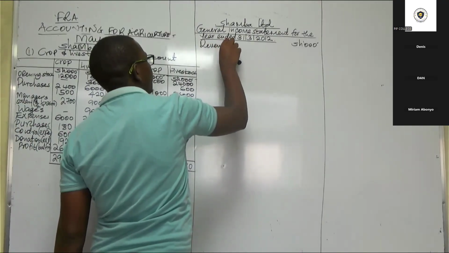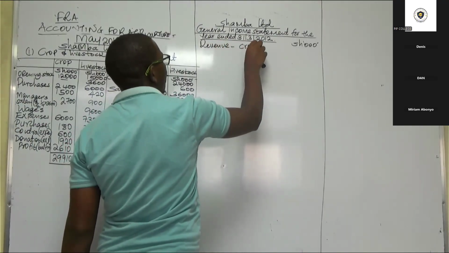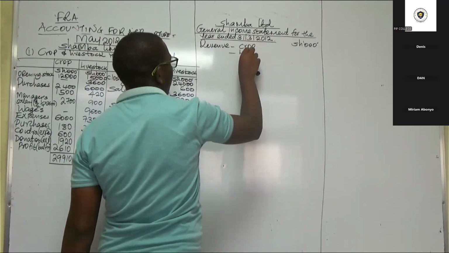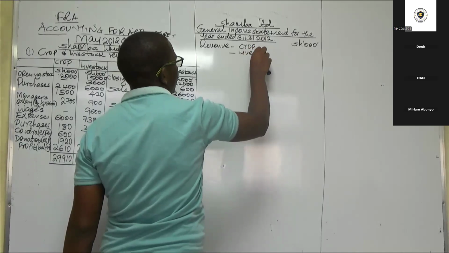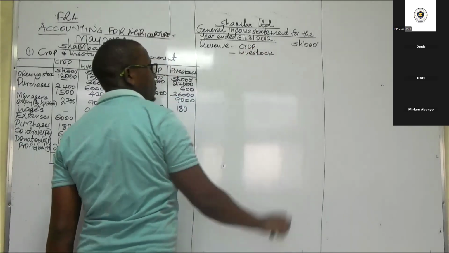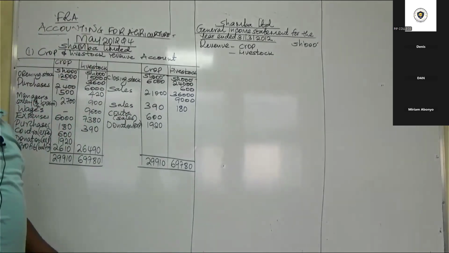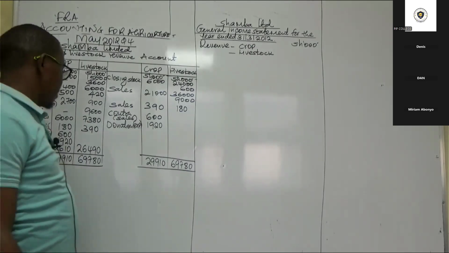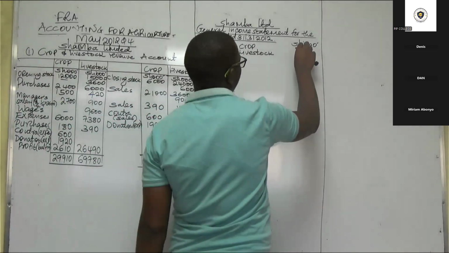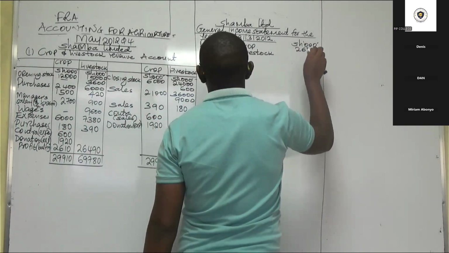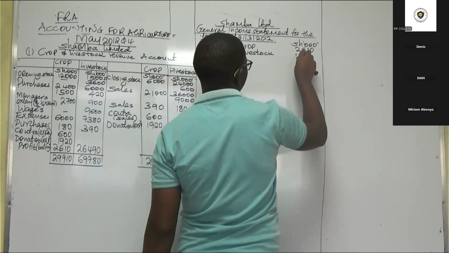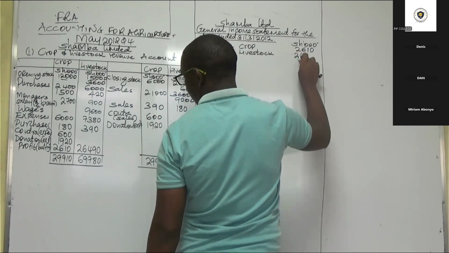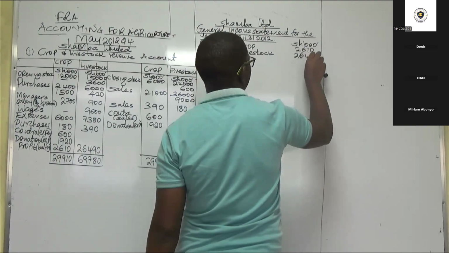So revenue from both the crop and the livestock. Now revenue from the crop is of how much? We've gotten 2610 from the crop. And this other one we've gotten 26,490.